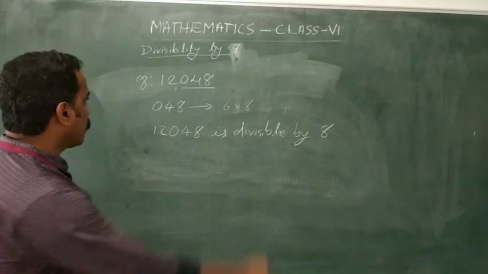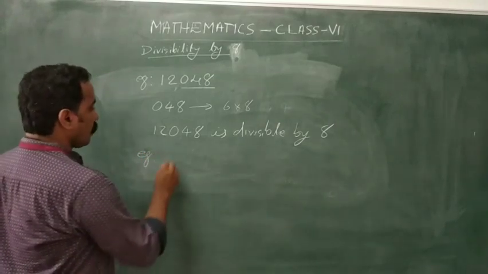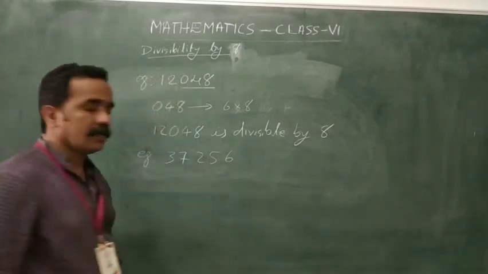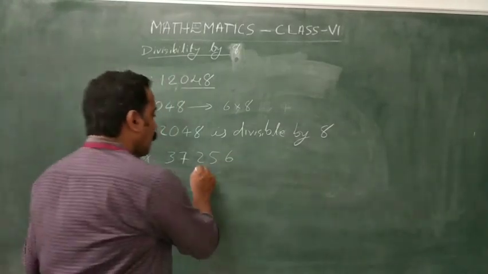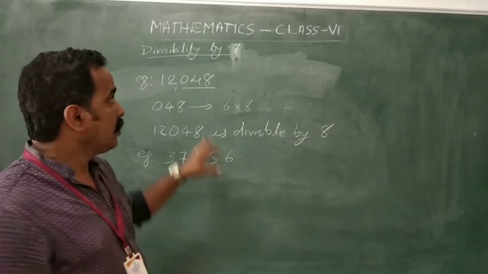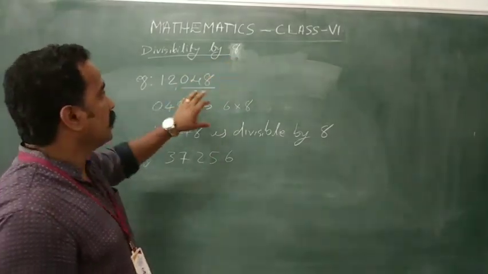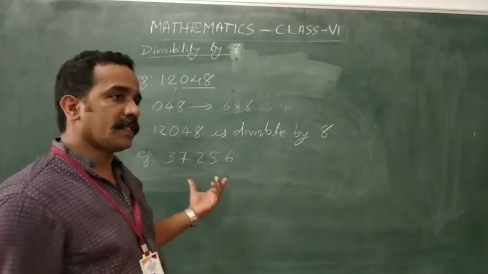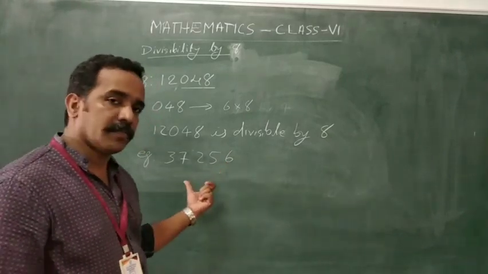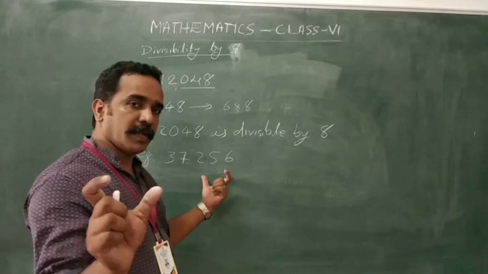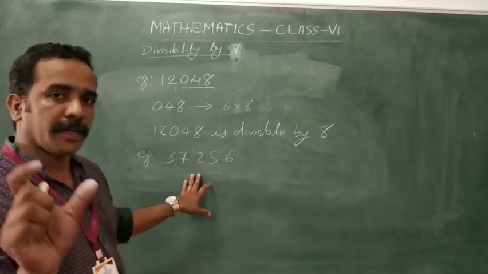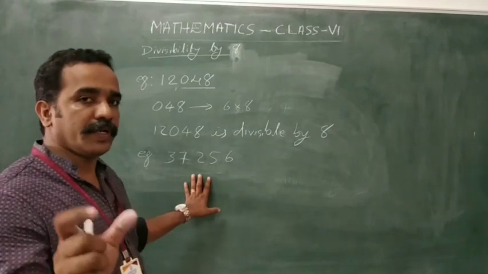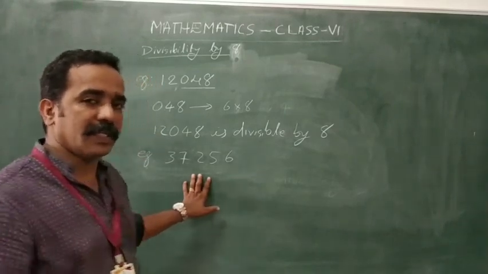Another example. 37,256. You have to check. Actually, the divisibility test by 8 is simple in some cases, but if you are able to do some mental division of big numbers, then it is easy.